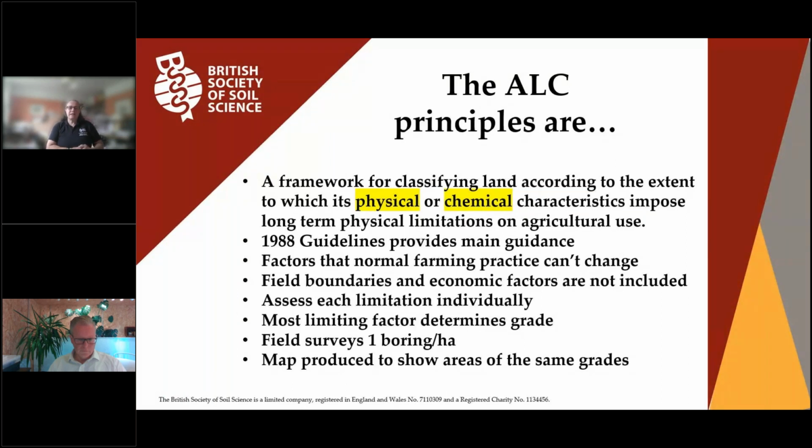Field boundaries and economic factors are not included, although clearly in the past farmers put their field boundaries in sensible places, and this would often mark the difference between different soil types, and therefore they could manage their fields accordingly. Each limitation is assessed individually, and for each survey location, and then the most limiting factor determines the grade. So each limitation has to be assessed at each point. As I've said, field surveys are generally at 1 boring per hectare, and as a result of the survey, a map would be produced to show areas of the same grades.